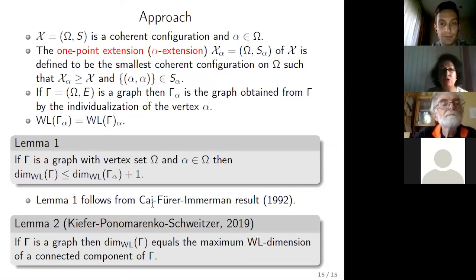Actually, I'm not sure that I understand correctly. What does it mean by the individualization of a vertex? This means that you have a graph and you color one vertex in one color and all other vertices in the same color. I see. Okay. Not the same, but they keep the old colors somehow.